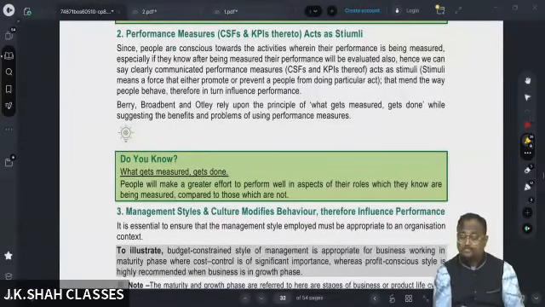The next one is performance measures, in terms of critical success factors and key performance indicators.